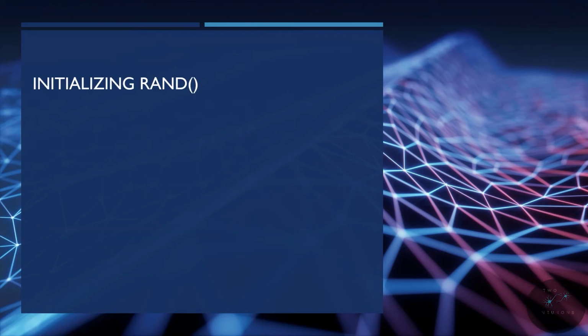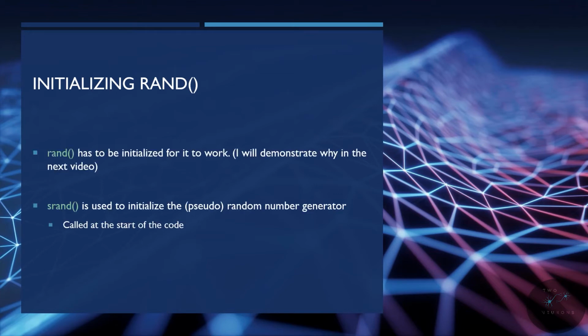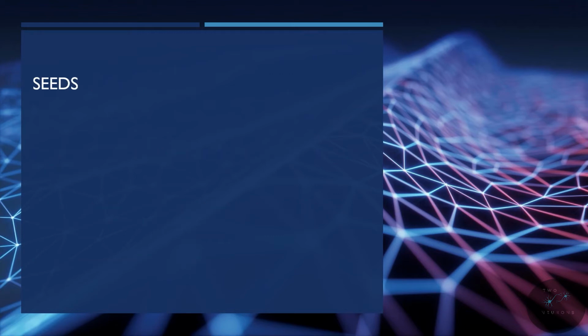But before we can use our random number generator, or our pseudo-random number generator as the truth is, we have to initialize rand. And we initialize rand by using srand. This is called at the start of the code, and we place in the brackets an argument. This argument is the seed. So, what are seeds? What is seeding?